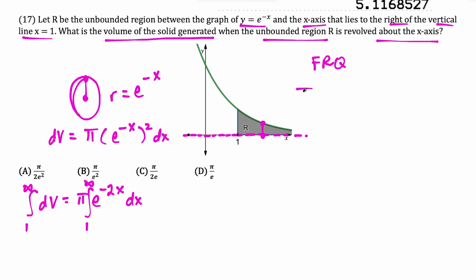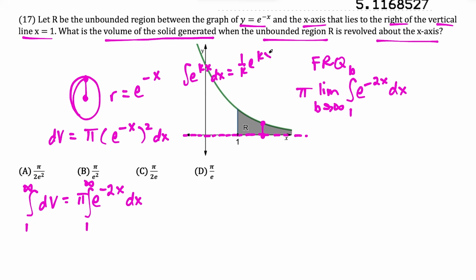So we have pi times the limit as b approaches infinity, and now we're going to replace that infinity with b. So we have the integral from 1 to b, and we have e to the negative 2x dx. Now for this part, it helps to know this shortcut. Anytime you integrate something like e to the kx dx, just know that this is 1 over k e to the kx plus c.